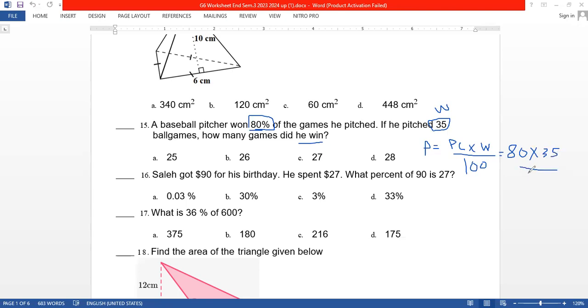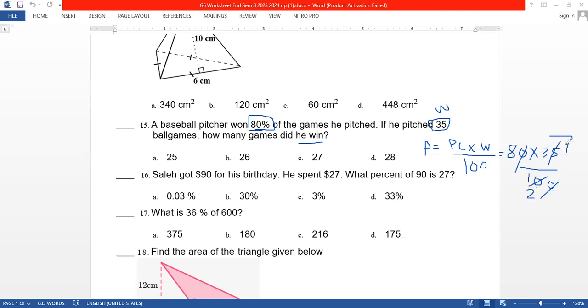Here, it's up to you. You can do it your way. You can multiply 80 by 35, then do long division by 100, moving the point to the left, or you can simplify. You can delete the 0 up with the 0 down. Now we have 8 multiply 35 divide 10. We can simplify again: 35 and 10 divided by 5. 35 divide 5 equals 7, and 10 divide 5 equals 2.